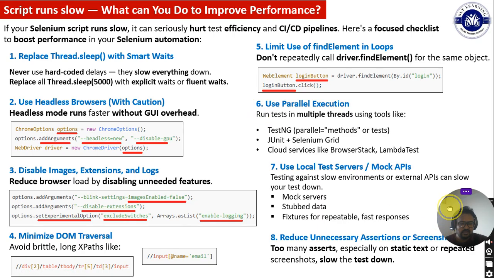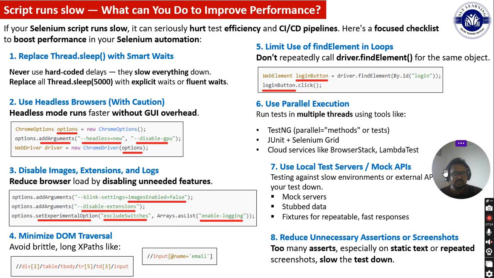The other thing would be to reduce unnecessary assertions and screenshots. This is one of the key things, right? Sometimes we need to know what exactly we need to assert. Do not put in unnecessary assertions, because when you are in QA, sometimes people try to validate each and every thing on the page.